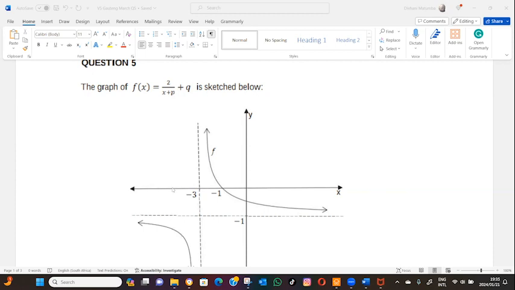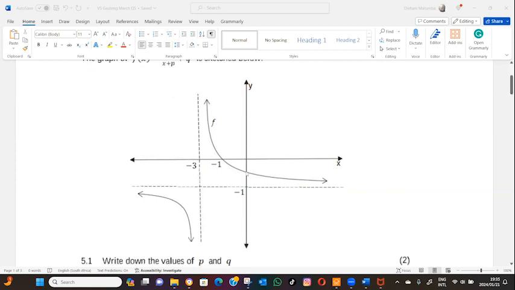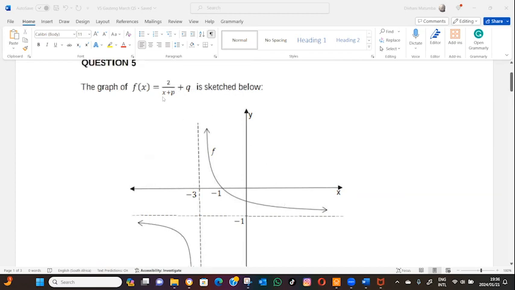However, whatever x-intercept we get, if it's a minus, then the value of p will be positive. Why? Because if you go to the books, the general equation says x minus p, then plus q.